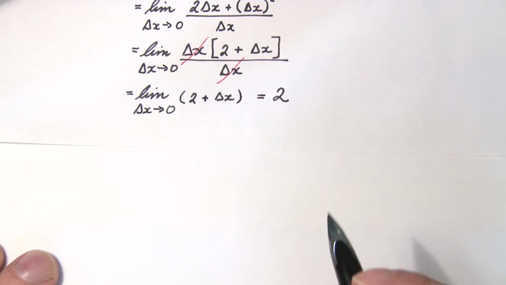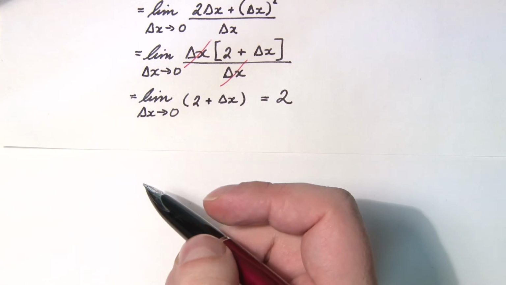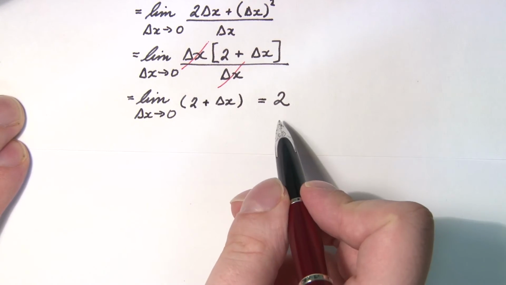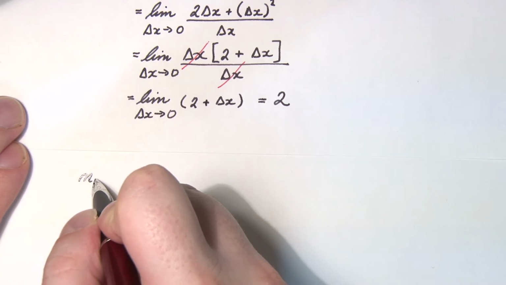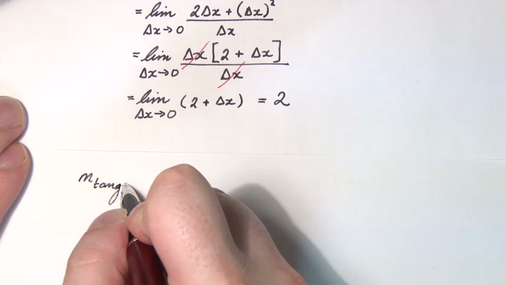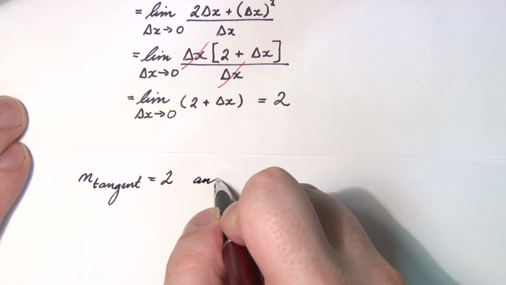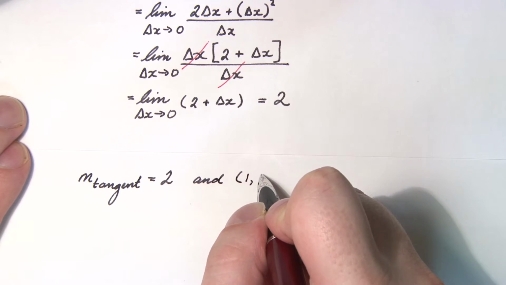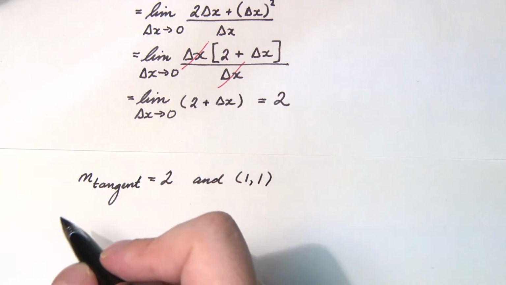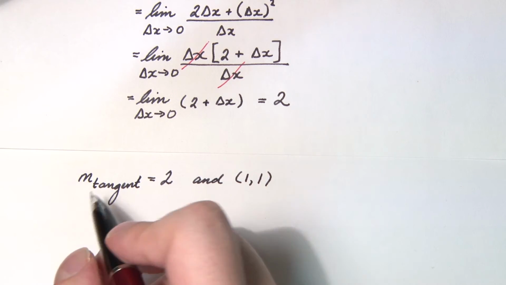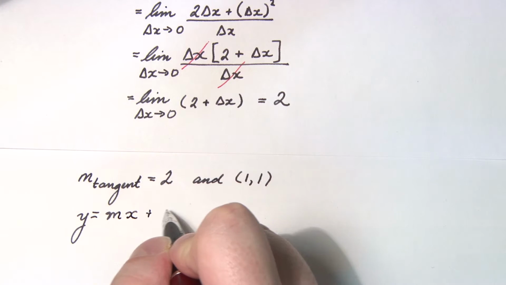So now to do the equation of the tangent, I have a slope and I have a point. So the slope of the tangent, again, just to recap, is equal to 2. And we're doing this at the point 1, 1. So remember our equation for a line, which is y equals mx plus b.